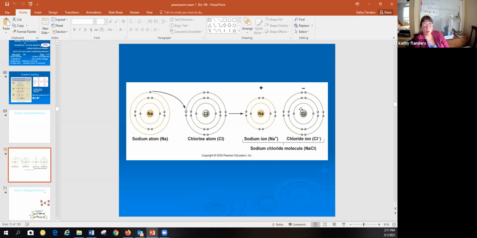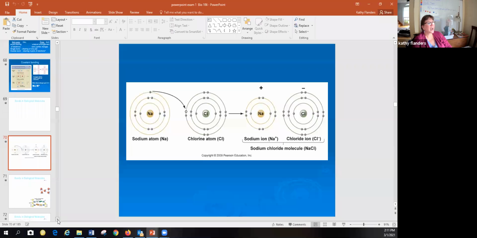And now positive and negative attract, so these 2 come together. That is not as strong as a covalent bond. Okay, sharing makes them stronger, but either way, opposites attract, and this is a bond.